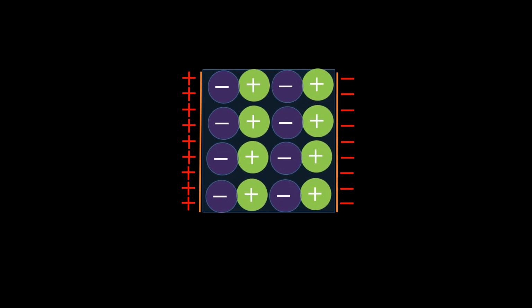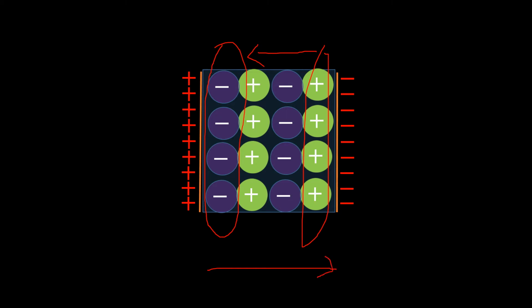So what is happening now? As we can see here, one surface of this material is having all negative charges deposited on it, other surface is having all positive charge deposited on it, and hence we can say that the material is having electric field produced inside it, which is different as compared to the electric field outside.